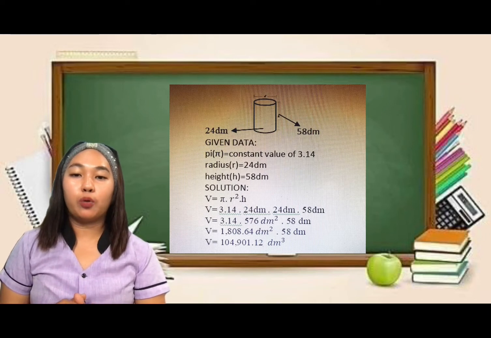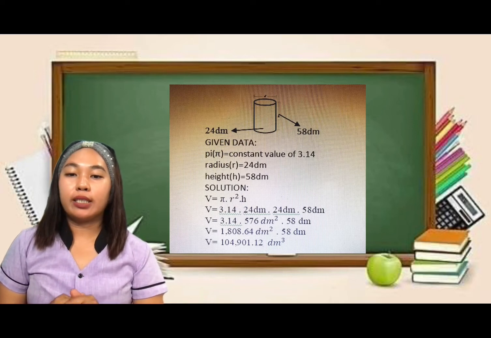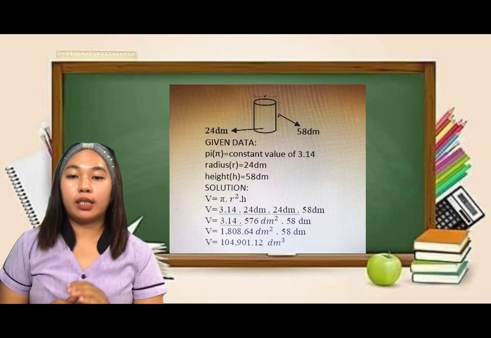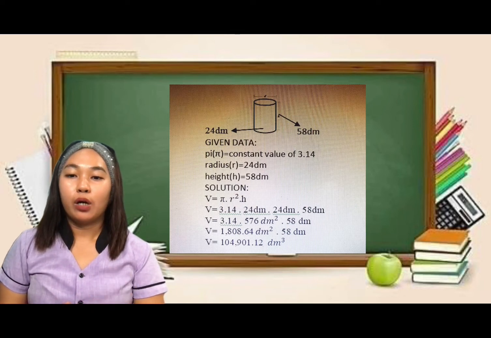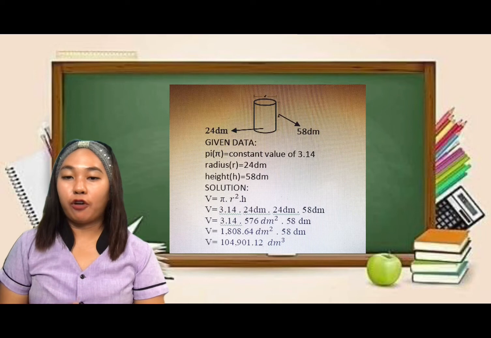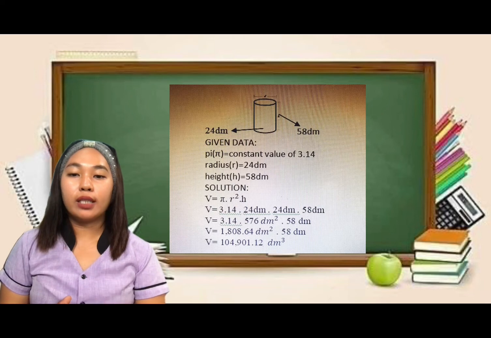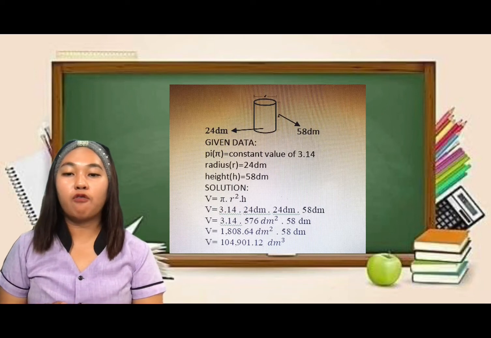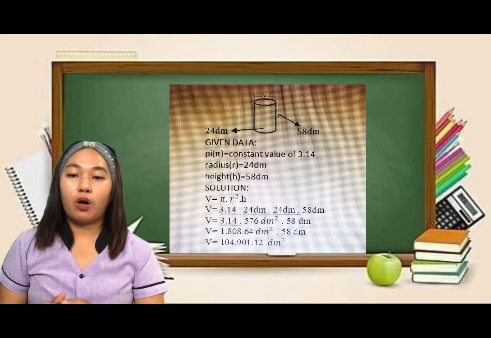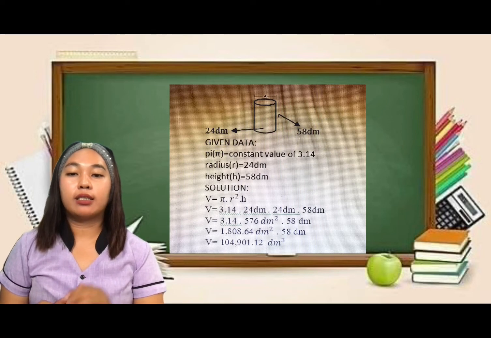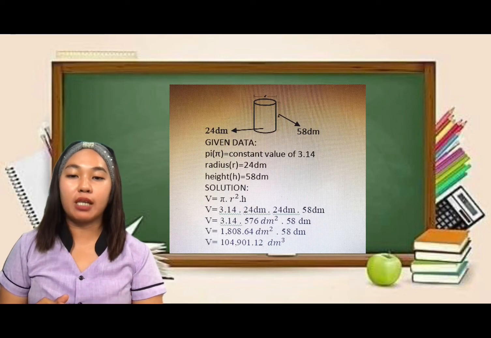First, we multiply the radius squared, 24 decimeters times 24 decimeters, which is 576 decimeters squared. Then we multiply 3.14 times 576, which is 1,808.64 decimeters squared, times 58 decimeters. So the volume of the cylinder is 104,901.12 decimeters cubed.